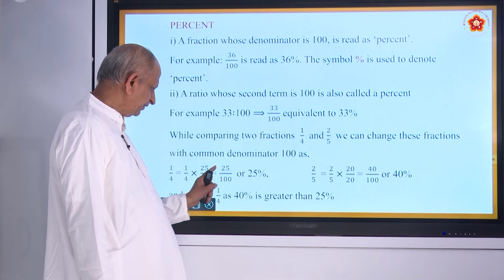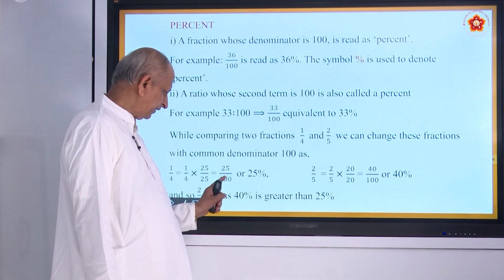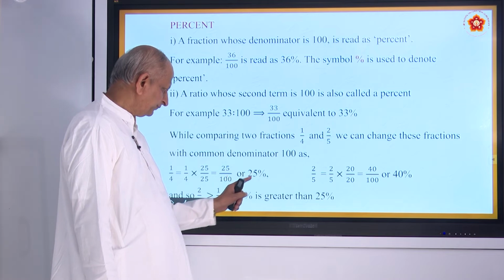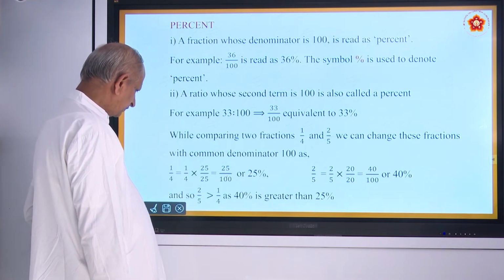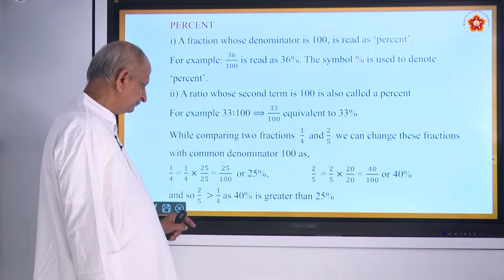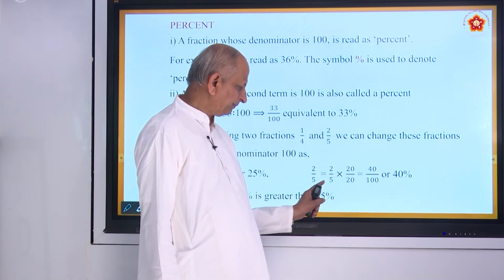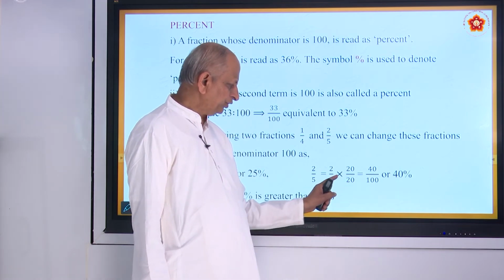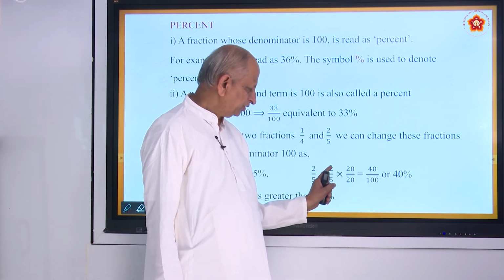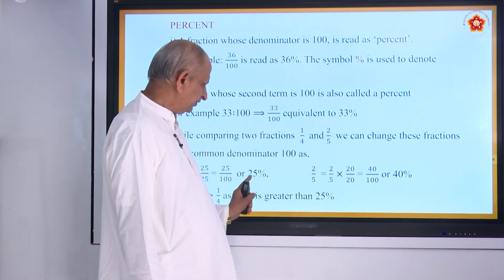So 25 ones are 25, 25 into 4 is 100. So 25 by 100 is equal to 25%. Similarly, 2 by 5. To make it 100, how much to multiply? Multiply by 20. So 5 into 20 becomes 100, 2 into 20 becomes 40. So it is 40%. This is 25%.